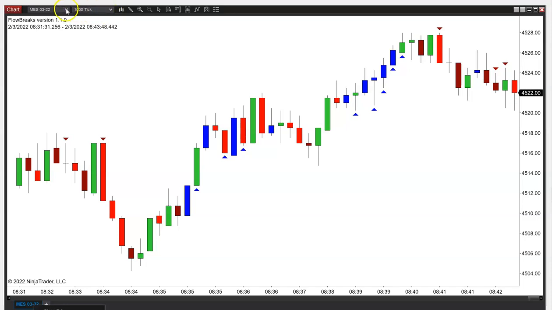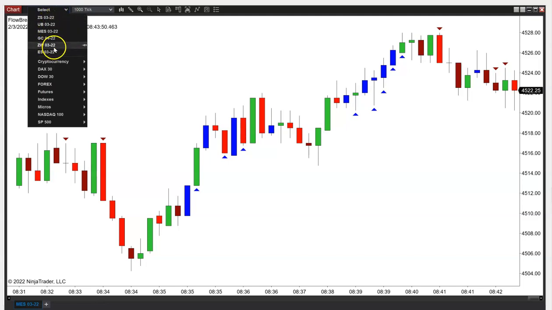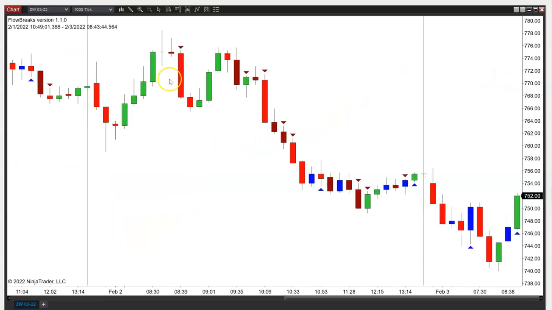But if I was going to look at another market, we'll just go with wheat, right? I can't really do very much with wheat on a 1,000 tick chart, because this is the whole day of yesterday right here. Whereas since the reopen last night to 8:40 in the morning, you only got maybe 10 bars.